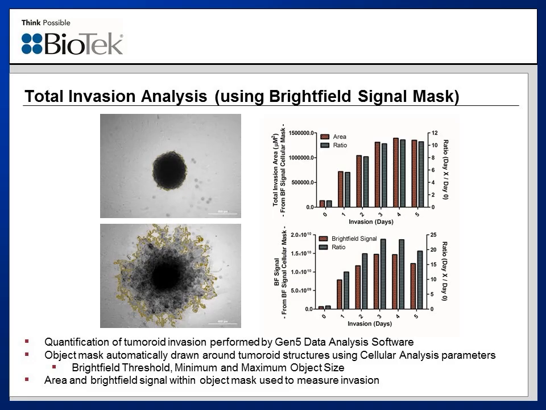A detailed mask is automatically drawn around the object that meets the criteria. Here you can see with the arrows in gold or yellow the mask that was drawn around the tumoroid initially following chemoattractant addition and then following the 5-day incubation process.